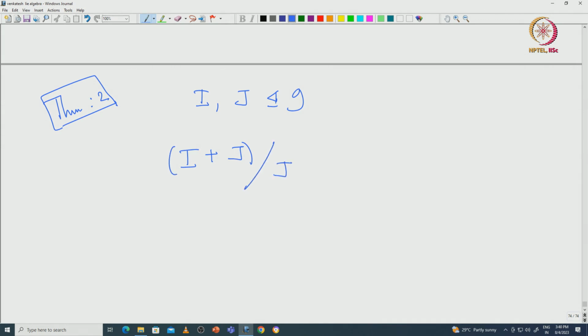So, we will prove that. That means J is an ideal inside I plus J. Let me write it as a part of the theorem.